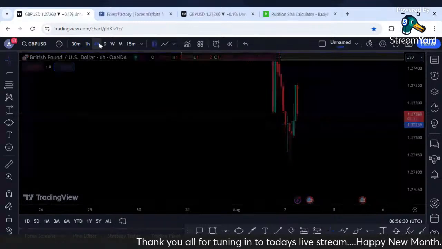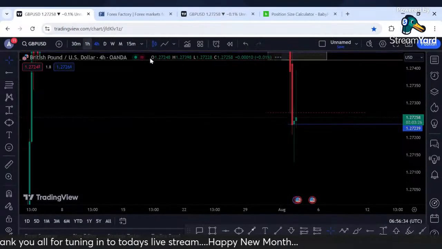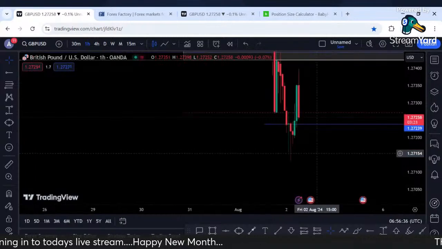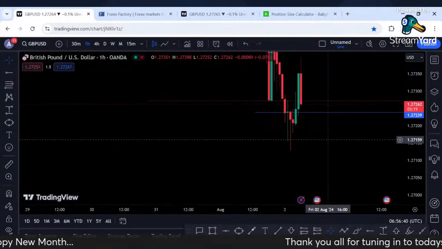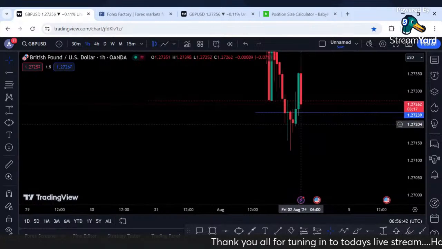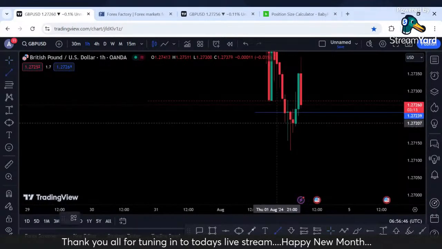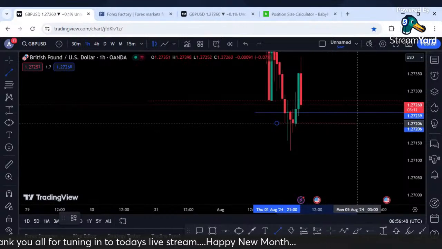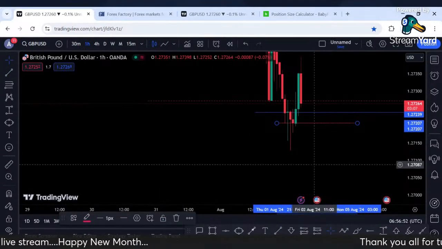So you see the H4 is not giving an entry. Okay, so we are going to search for entry at the H1 time frame. So this is the point you can take. You have to be super patient over here.